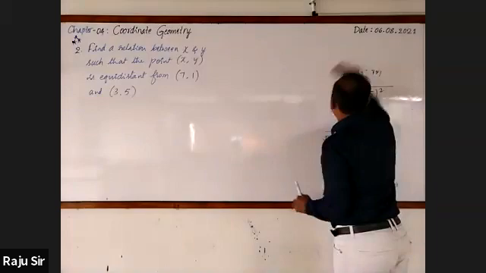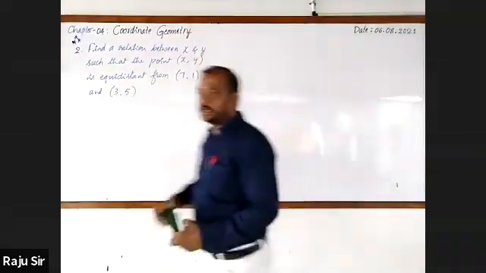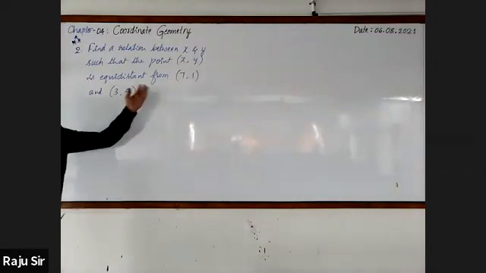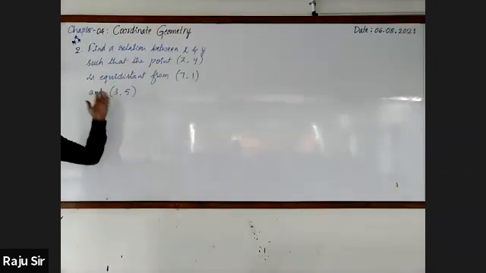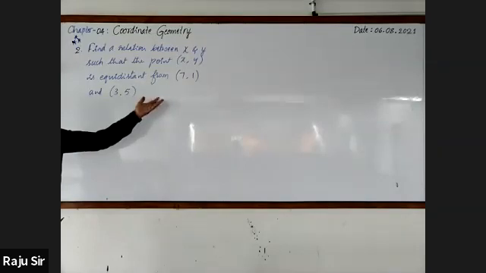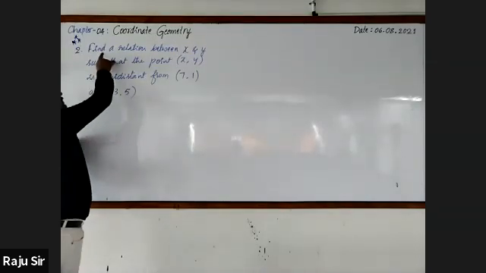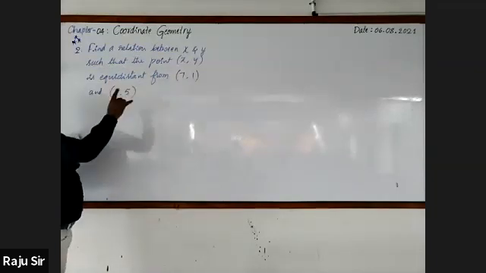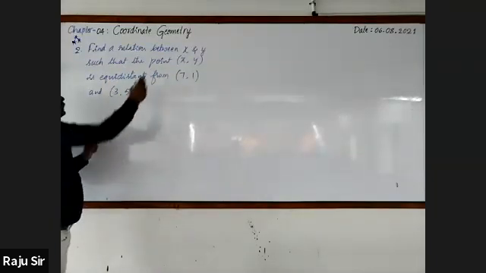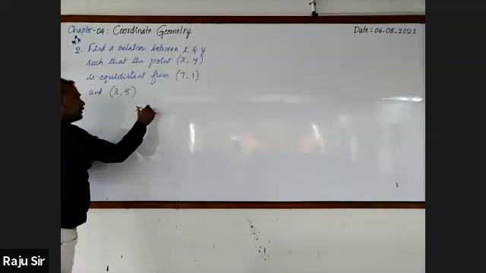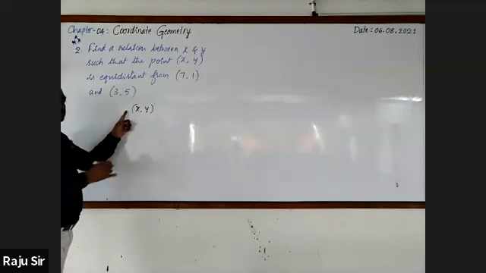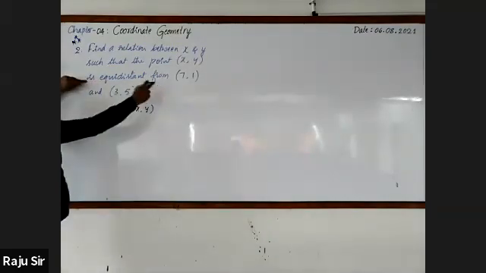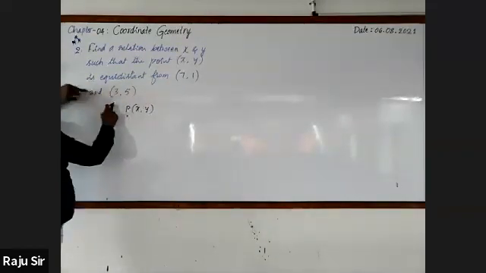Distance we should find. Don't write anything, just observe it. Now let me represent this statement in a figure. You are going to find a relationship among x and y such that the point x comma y, I call it P, is equidistant from these 2 points.